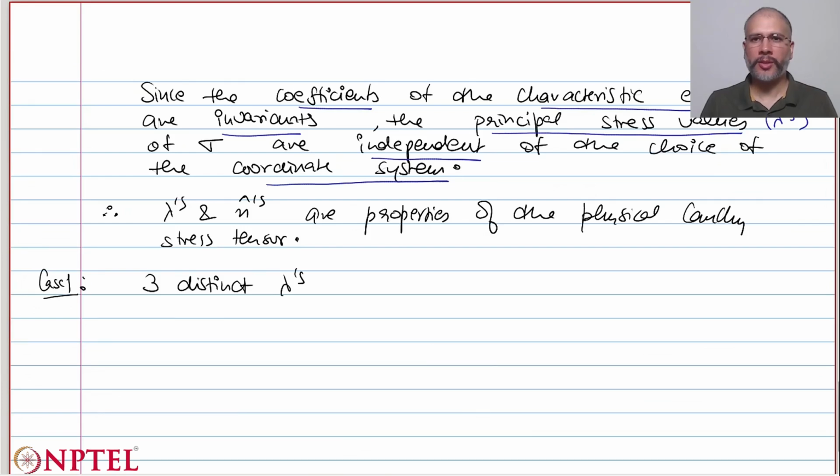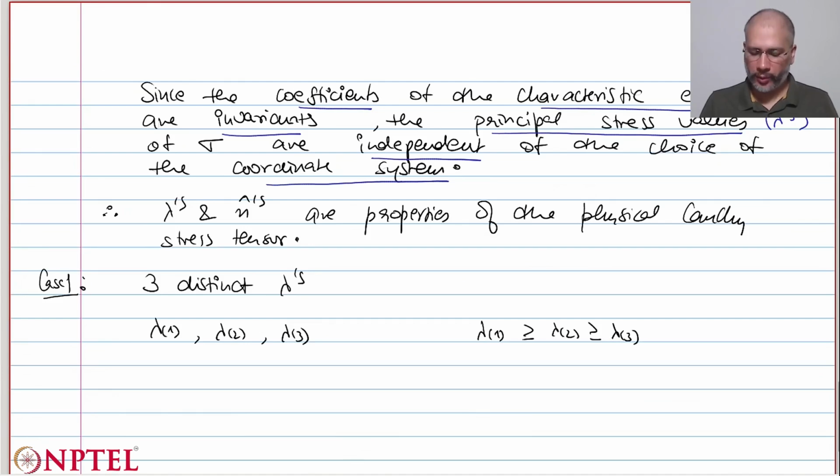Now, since the stress tensor sigma is real valued and symmetric, the lambdas we get as a solution to the characteristic equation will always be real valued. But in case 1, all three are distinct. So the three values will be written as lambda 1, lambda 2 and lambda 3. And typically we write them in the order such that lambda 1 is greater than or equal to lambda 2, greater than or equal to lambda 3.